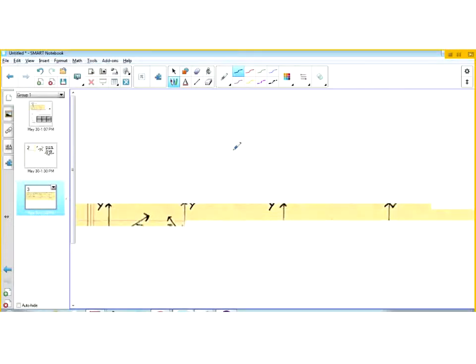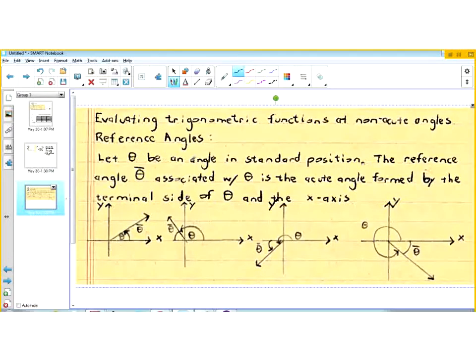And it has to do with what are called reference angles, which is similar to the reference number. So we need to define what a reference angle is. Let theta be the angle in standard position. The reference angle, theta bar, associated with theta, is the acute angle formed by the terminal side of theta and the x-axis. And it's positive.